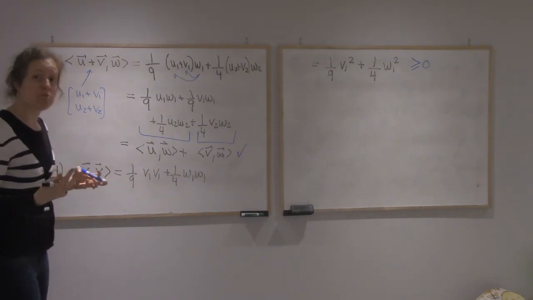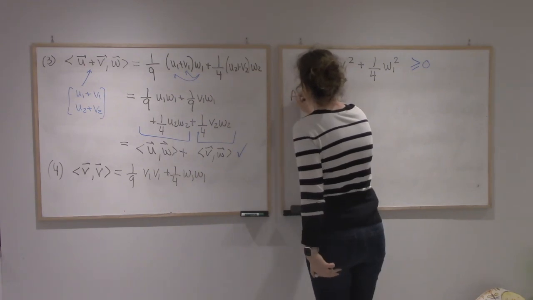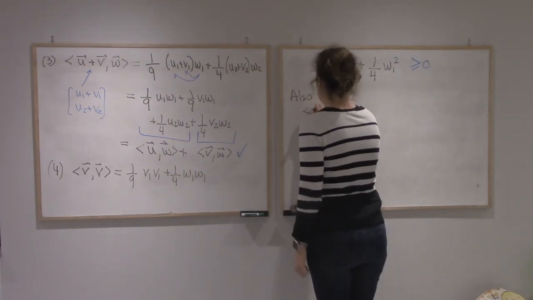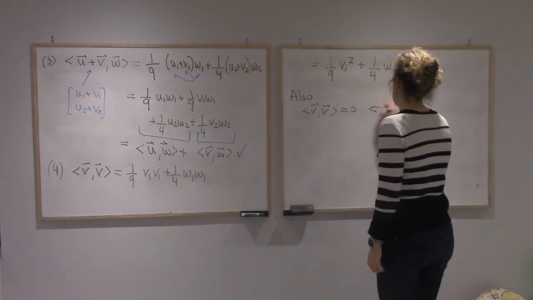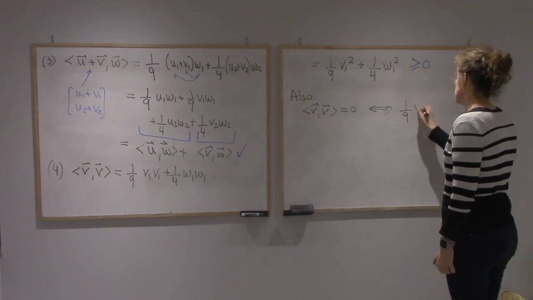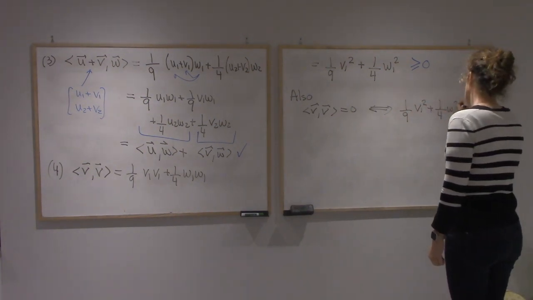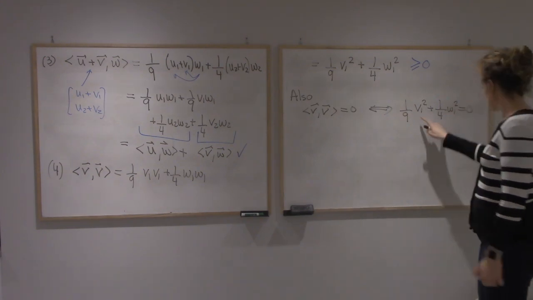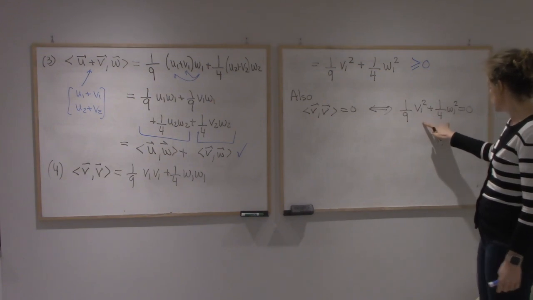The second part of property 4 looks at when this is exactly 0. So let's look at that. VV is equal to 0 if and only if this is 0, which is going to be true only if both terms are 0, because as soon as one of them is bigger than 0, the sum is positive.